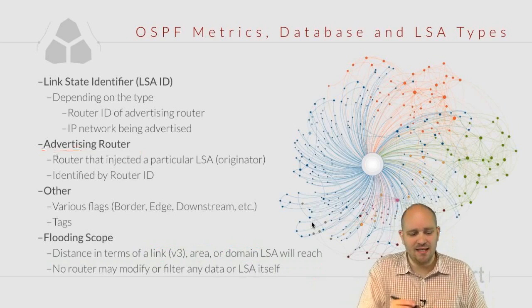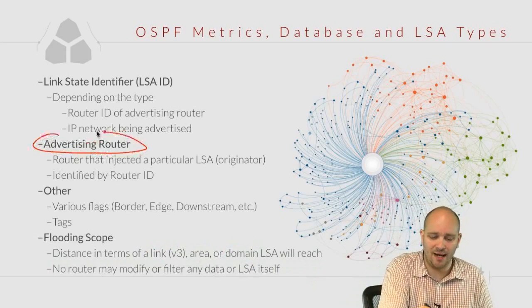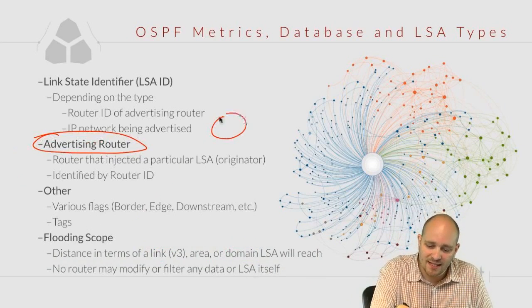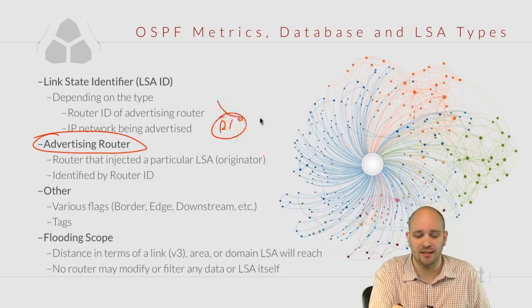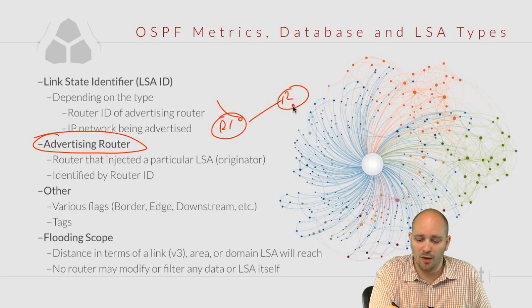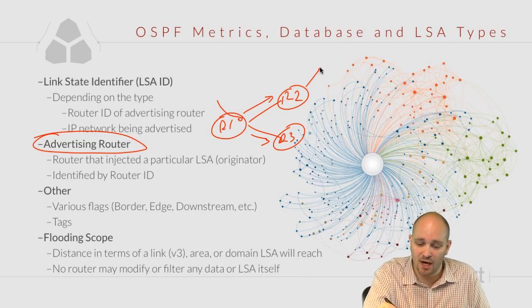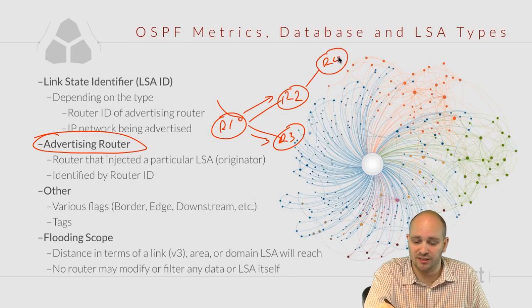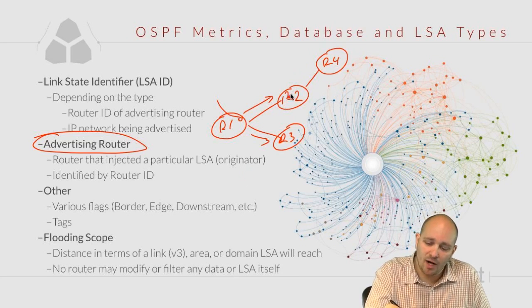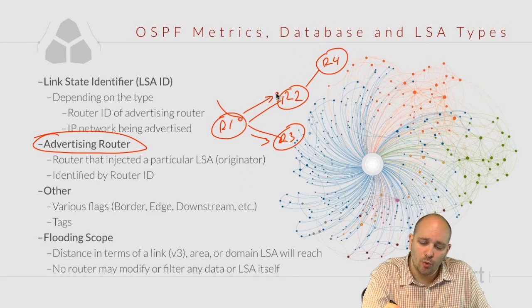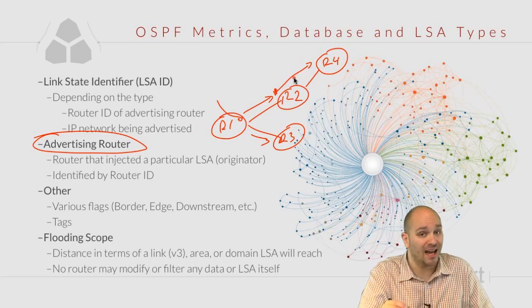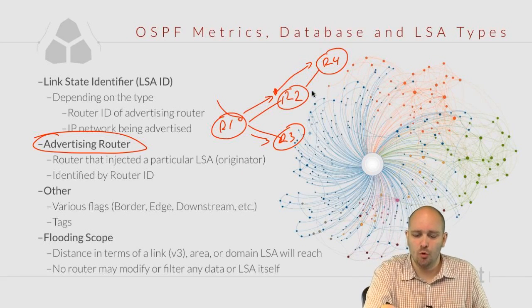Now, let me say that in plain English. When the LSA is injected, when it's generated by the advertising router, let's say that we have our R1 that injects some LSA into the database. This information will be communicated to other routers, so, for example, R2 and R3 in this case. But let's say that R2 here is connected to some router R4. If R2 and R4 are in the same area, R2 will have to forward this information as is to R4.